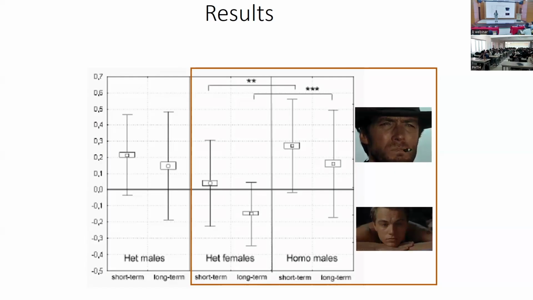It's almost impossible. So it's something which is below the cortex. It's something unconscious.